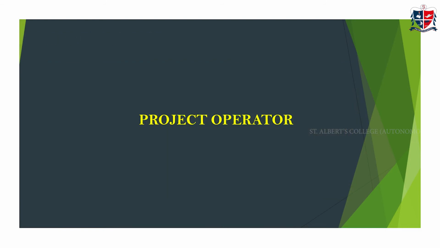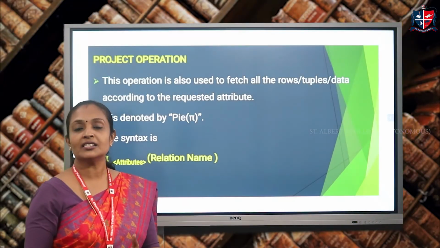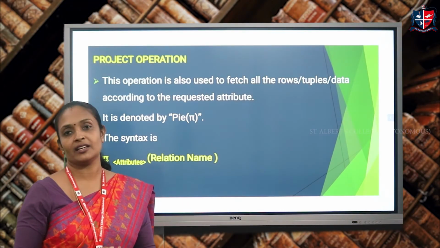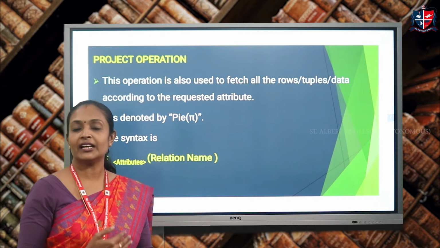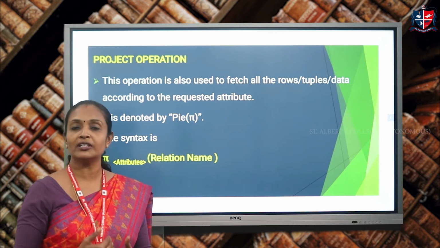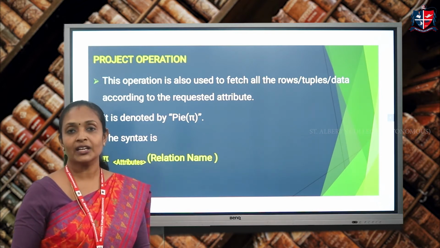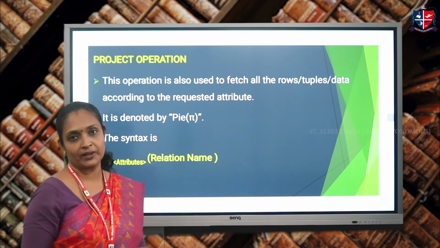Project operator. The project operator is used to fetch all the rows or tuples or data according to the requested attributes. Suppose we have a database, and in that database we have a table having 1000 records, and if you want to retrieve all the 1000 records, all the 1000 data, then we can use the project operation.